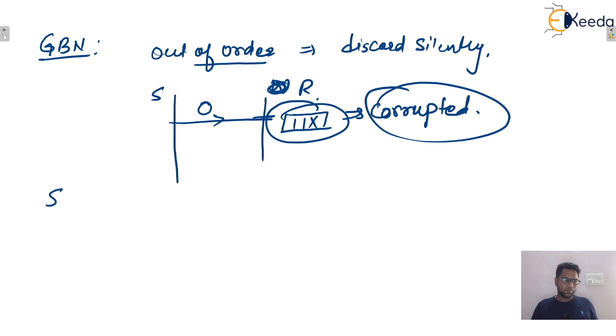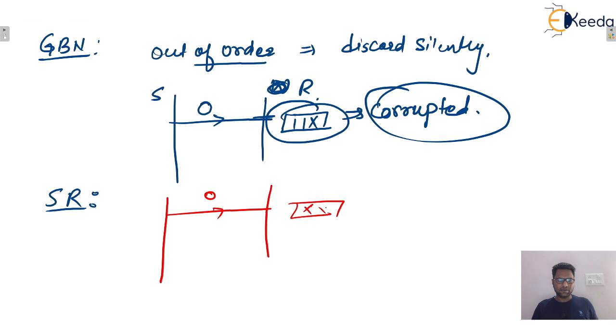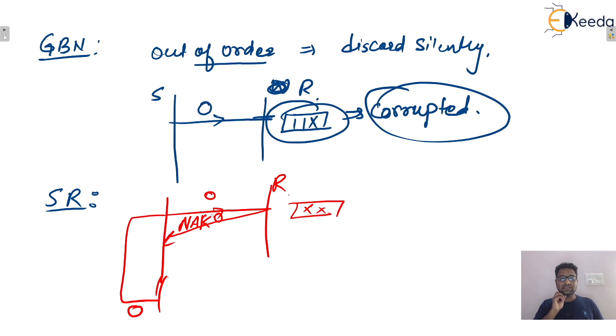But in selective repeat, what happens? Let's say the zeroth packet is transmitted, and the packet received at the receiver end is corrupted, and this is the timeout timer for the zeroth packet. The receiver will send a negative acknowledgement, NAK 0.